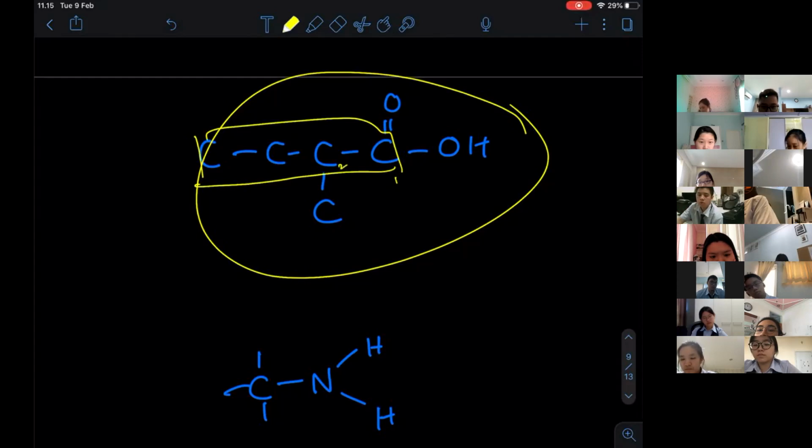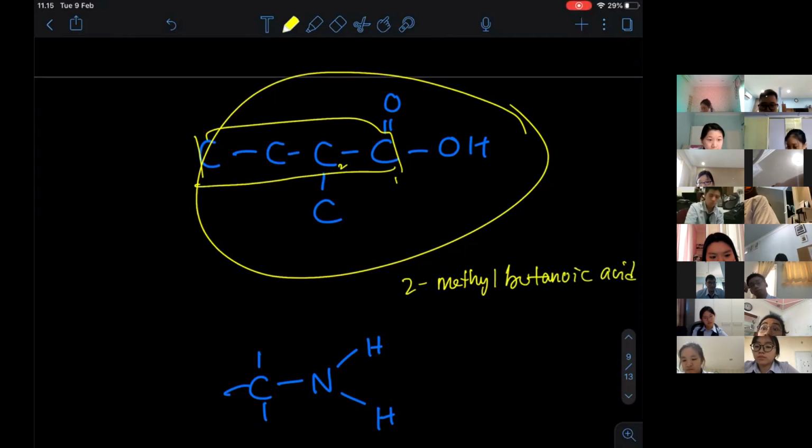So this carbon is automatically carbon number 2. So this is 2 methyl. 2 methyl butanoic acid. Quite simple. Don't take it as 1, 2, 3, 3 methyl. No, we follow from the functional group.